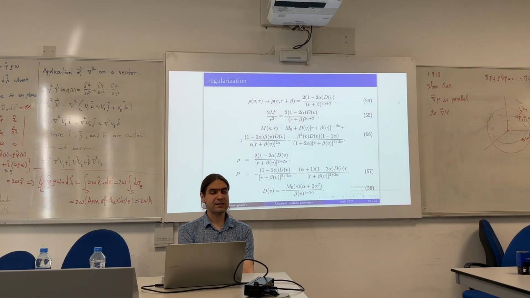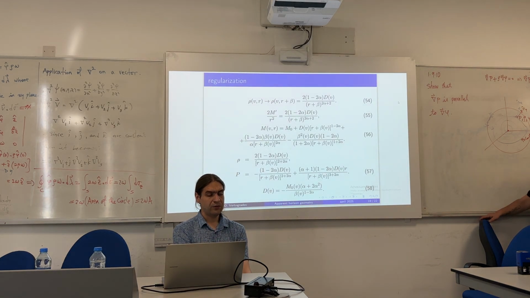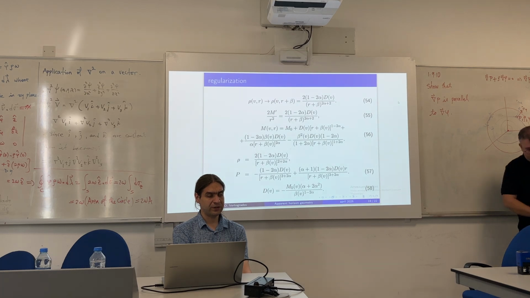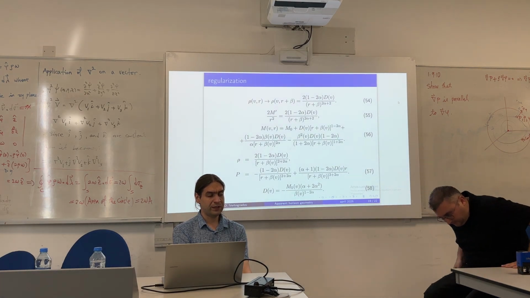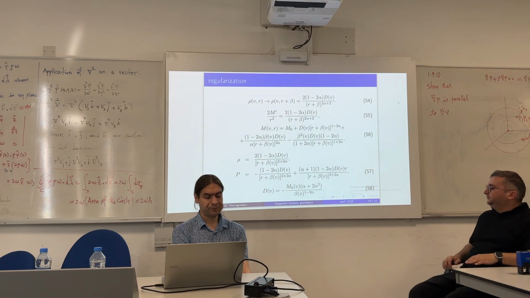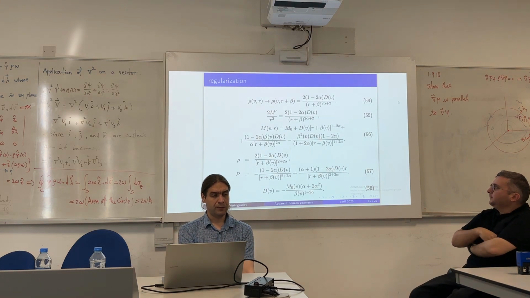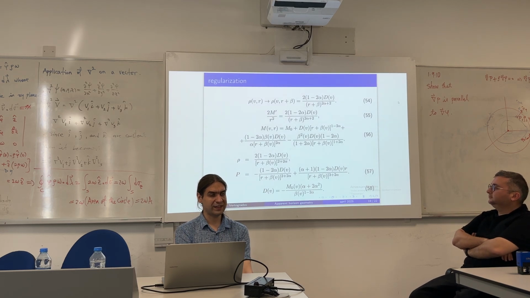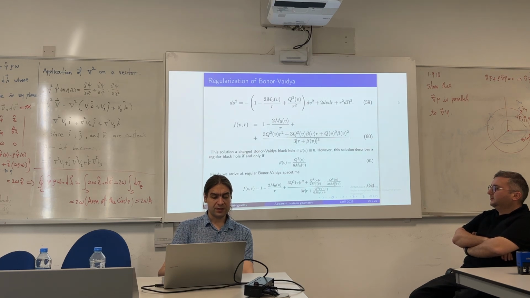In this case, you can obtain the result, which is extremely difficult, but when we do fine-tuning, then we obtain just a regular black hole solution, because we must ensure that the mass function is equal to 0 when R goes to 0.